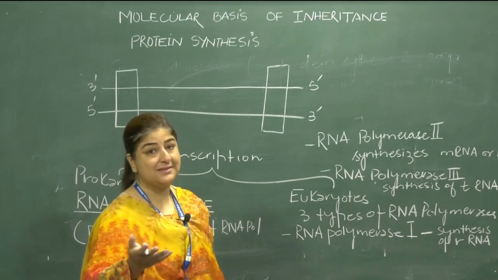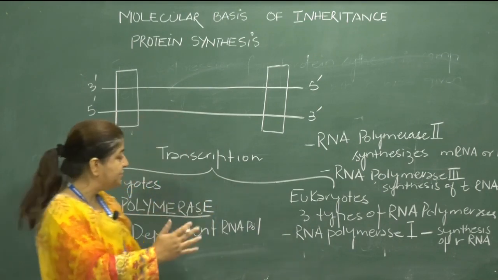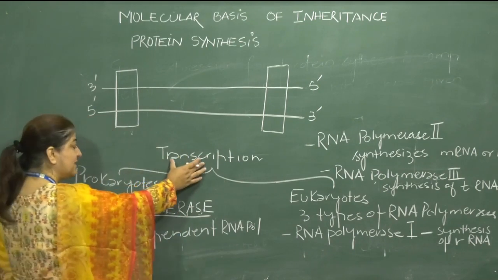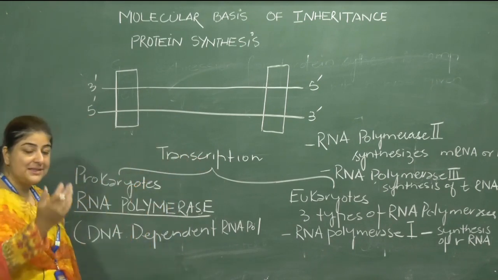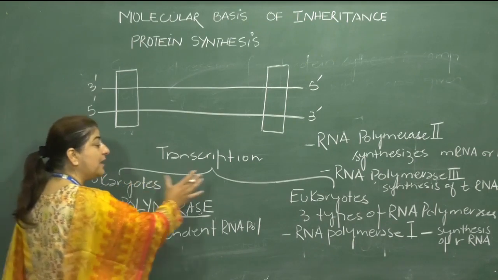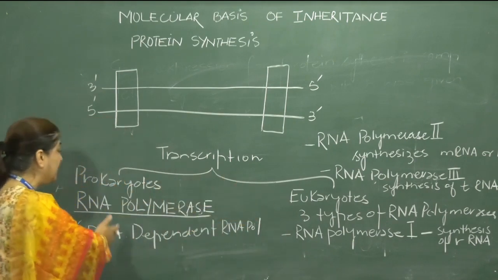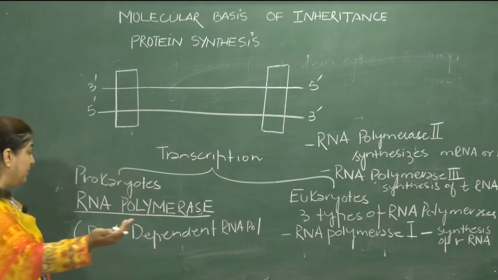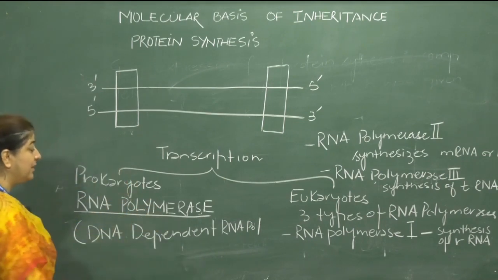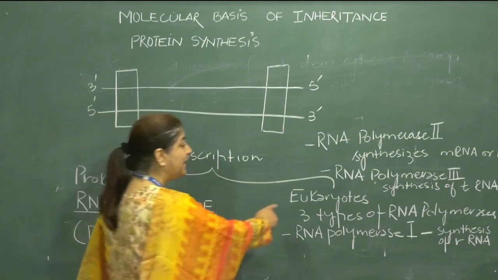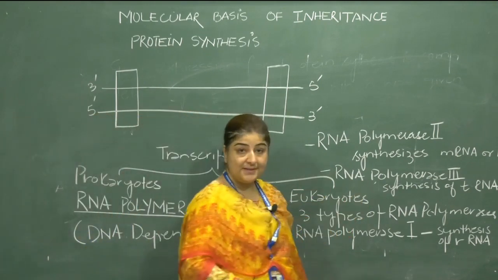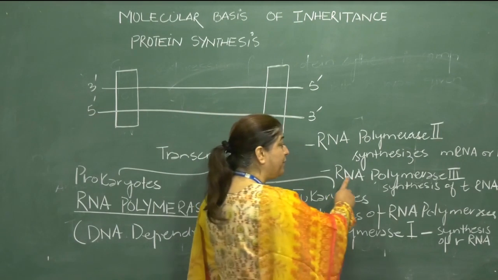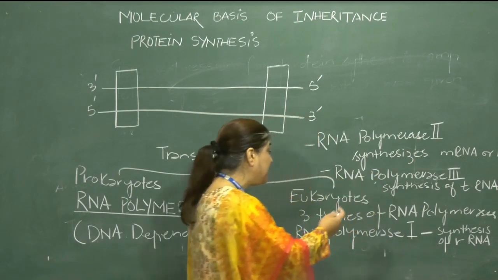But here we have given the enzymes of both prokaryotes and eukaryotes. In prokaryotes, there is only one RNA polymerase, and this is DNA dependent RNA polymerase. And in eukaryotes, three types of RNA polymerases are used.